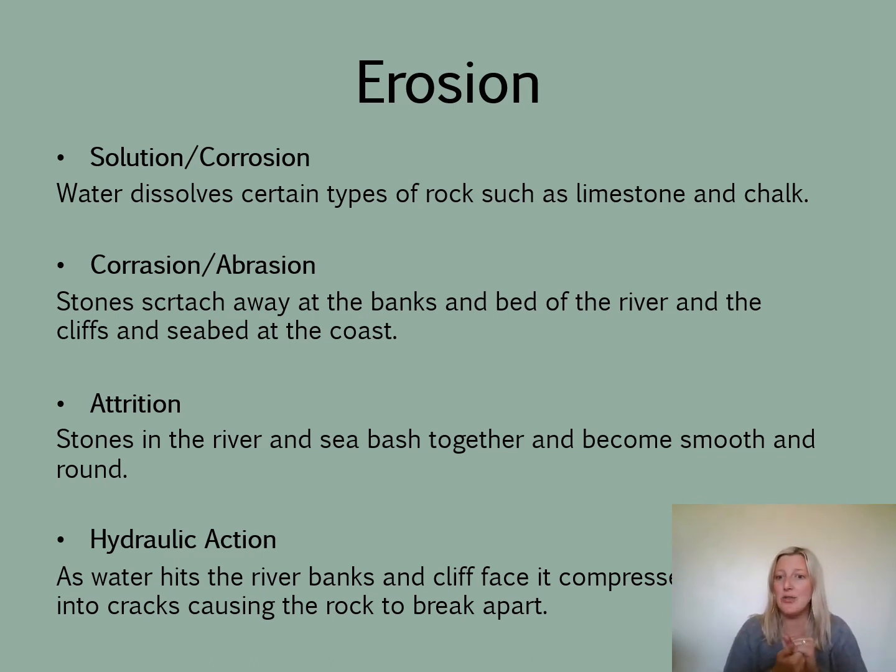And then our final type of erosion we call hydraulic action, and that's where water hits the banks of the river or the cliff face. It compresses air that is trapped in little pockets or cracks in the cliff face. And as the water recedes, the pressure that's released forces those cracks to break apart. And that repeated action is going to see that happening more and more. So four types of erosion we cover there.